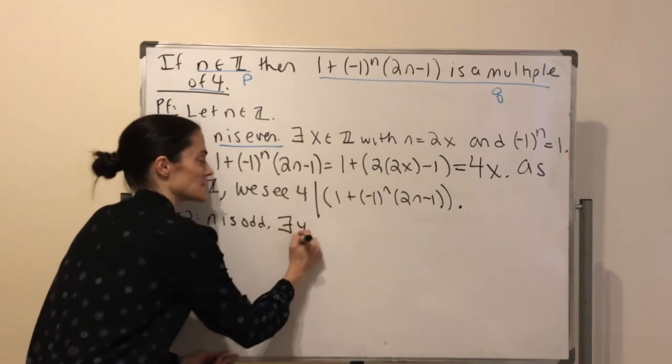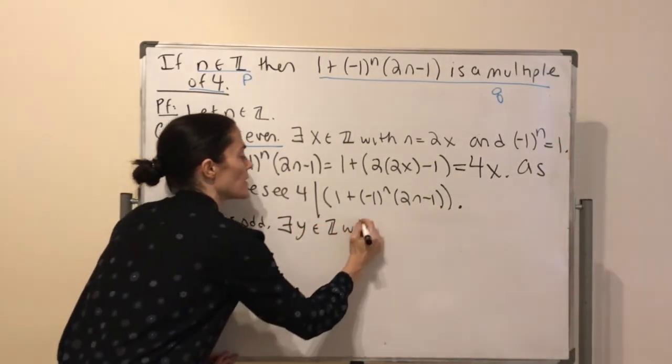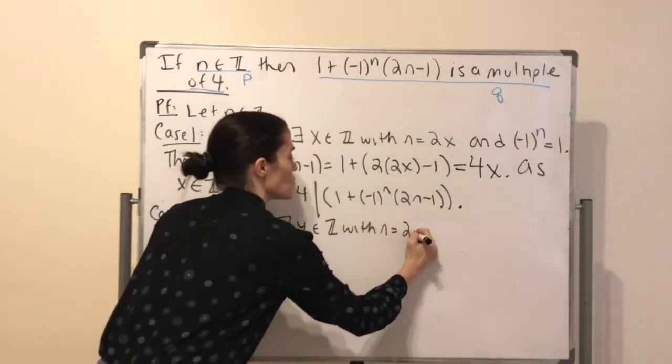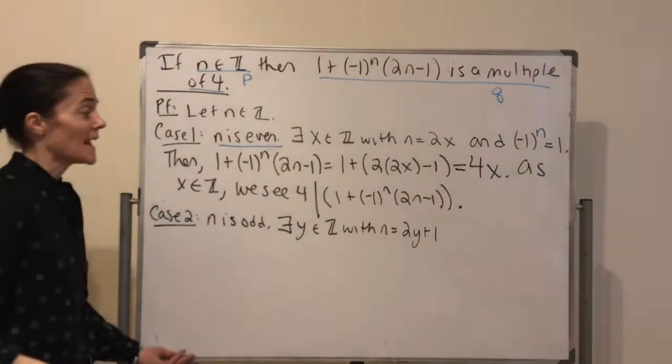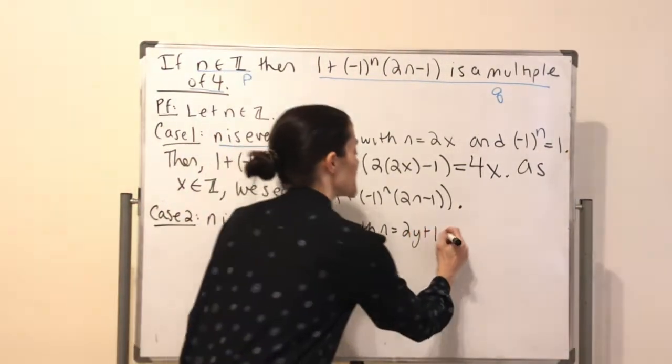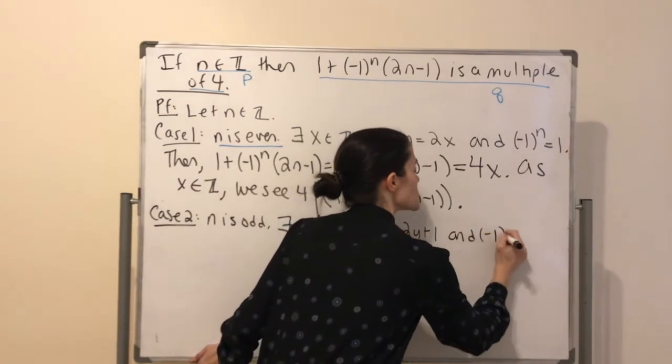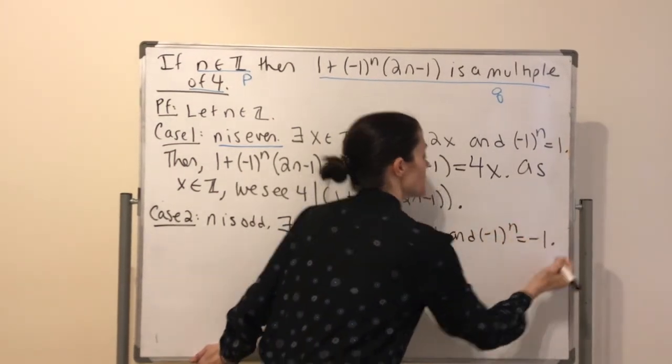There exist y and z with n is 2y plus 1. And we also know minus 1 to the n is minus 1.